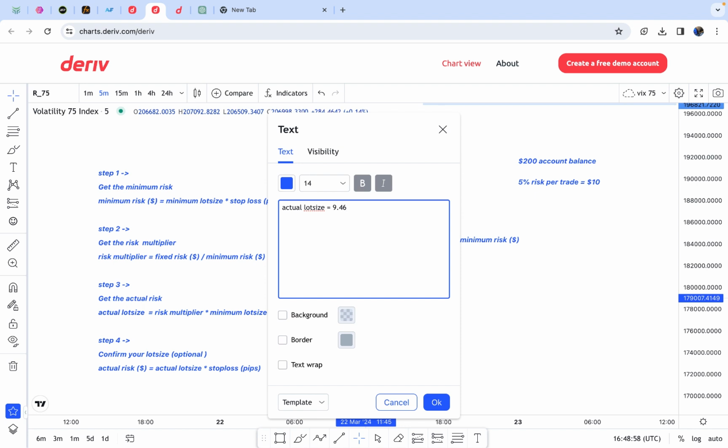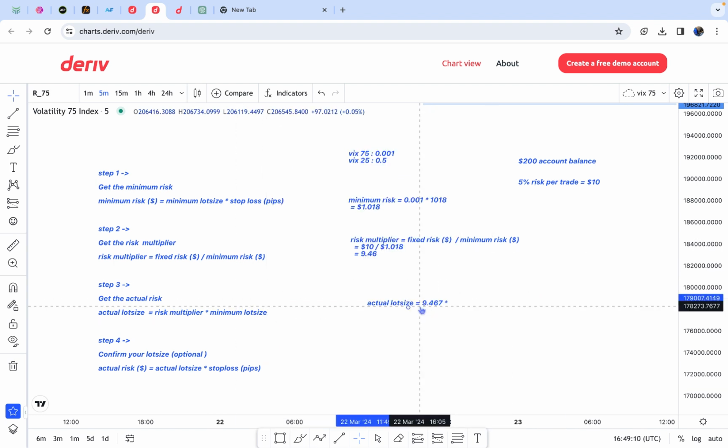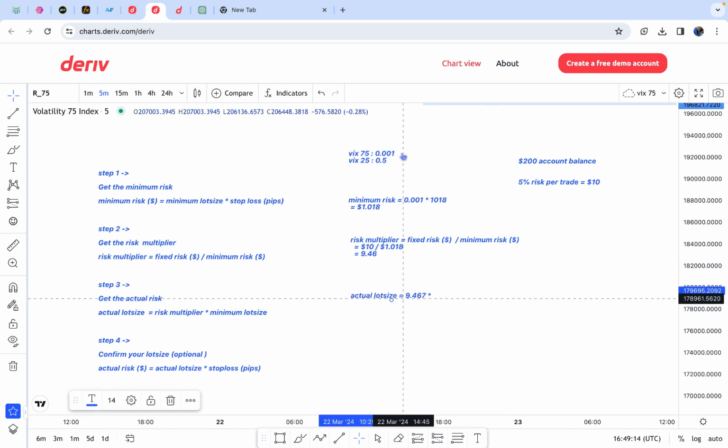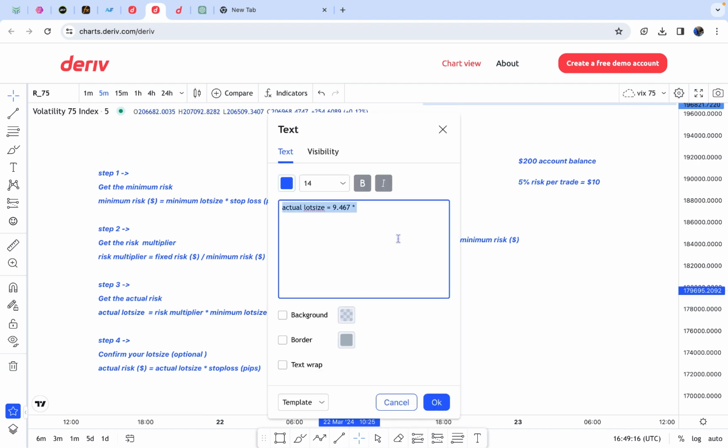We could use 9.467, 3 decimal places, then we end it there, multiplied by our minimum lot size. Our minimum lot size is, if you recall, 0.001. So we just say multiply by our minimum lot size, 0.001. Right, so that will give us, if we do the maths, 0.009 lot size. Very easy, right?